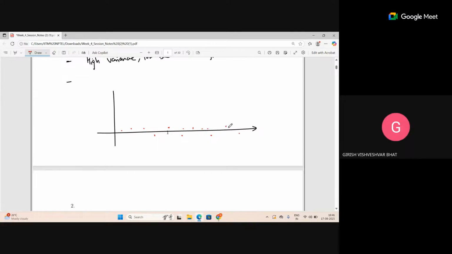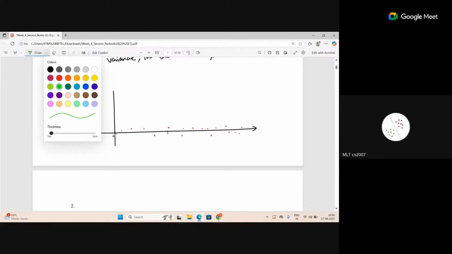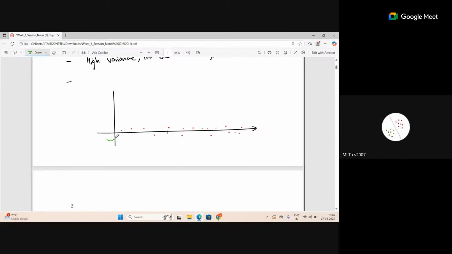It follows a linear model, but in overfitting, it will choose some complex model which tries to capture everything. So now this is biased towards the training dataset, right?